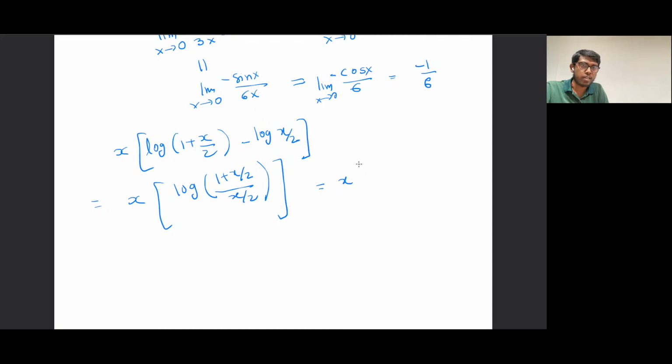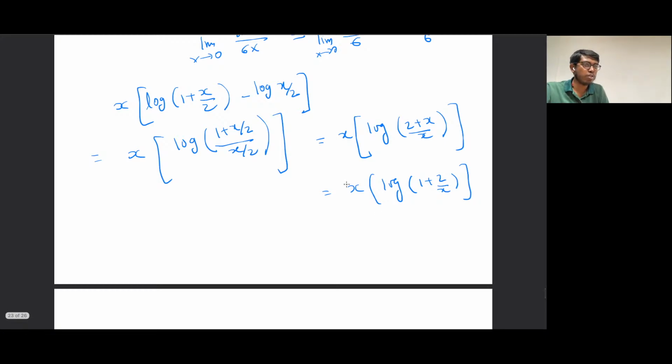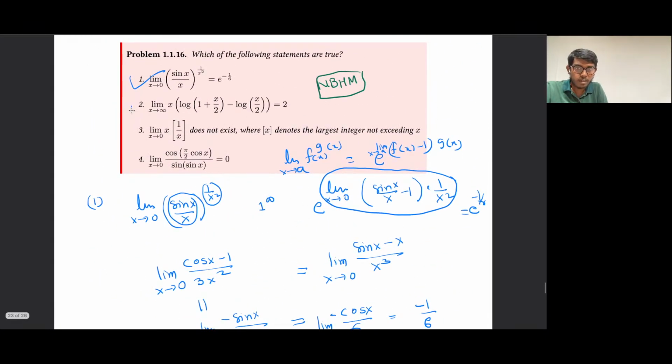This is x log((2 + x)/x), which is nothing but x log(1 + 2/x). You just expand it or use the thing that we have used till now. So this equals 2 because the 2 is there. So this is also correct. You can also just use L'Hopital's rule.